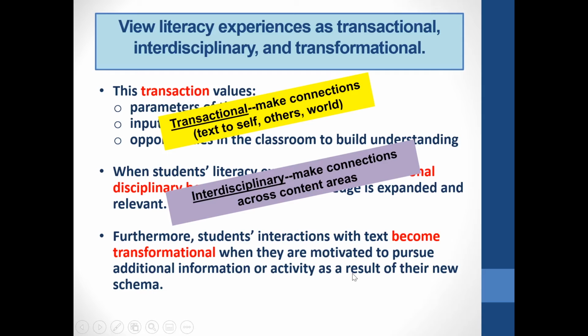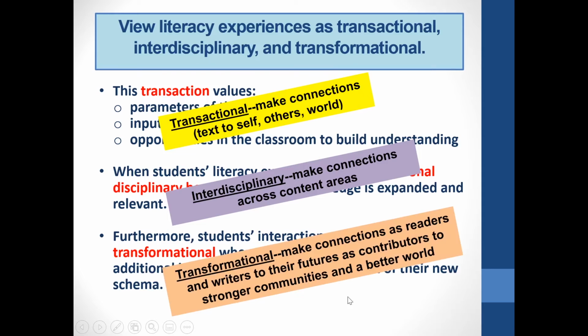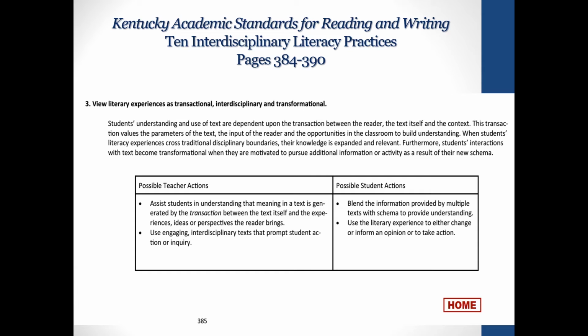In other words, transaction and interdisciplinary is building more knowledge, and what do they do with that? We want them to make connections as readers and writers to their futures as contributors to stronger communities and a better world.